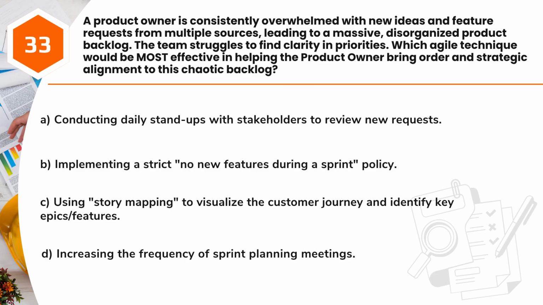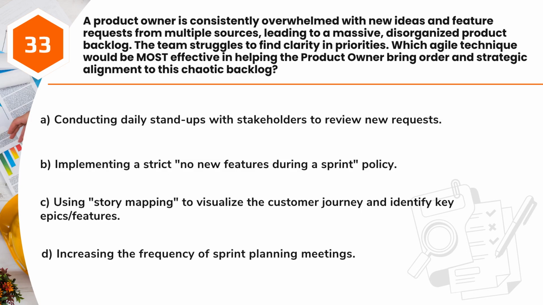Question 33. A product owner is consistently overwhelmed with new ideas and feature requests from multiple sources, leading to a massive, disorganized product backlog. The team struggles to find clarity in priorities. Which Agile technique would be most effective in helping the product owner bring order and strategic alignment to this chaotic backlog?